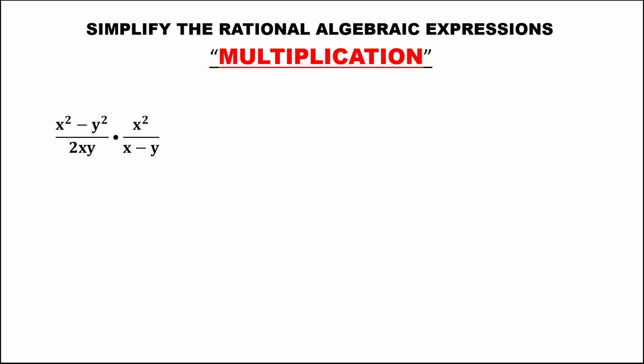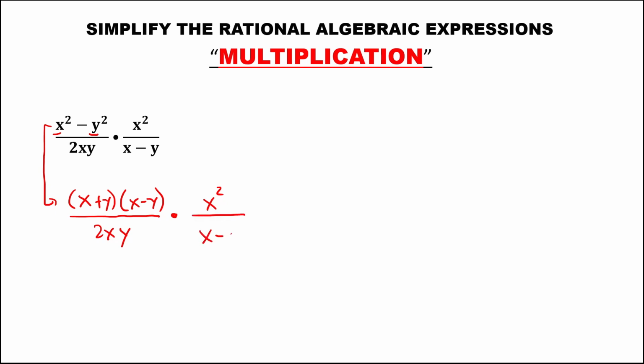Then for this given, this is the difference of two squares, and this is equal to x plus y times x minus y, then over 2xy, then times x squared over x minus y. Then observe that there is a common factor, so we can cancel this x minus y and x minus y.